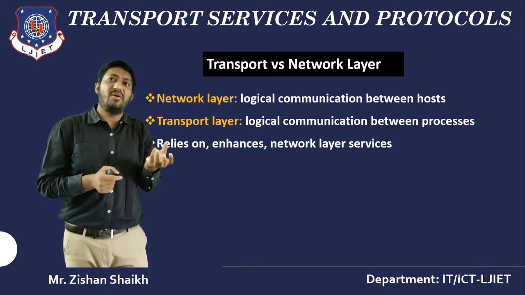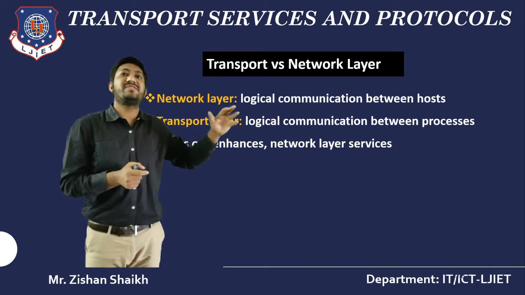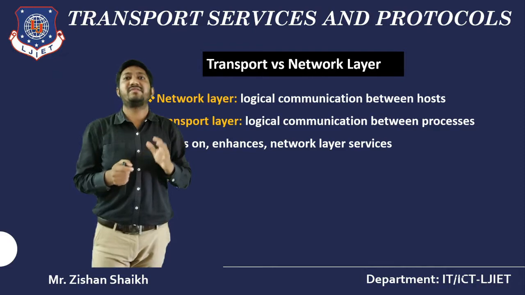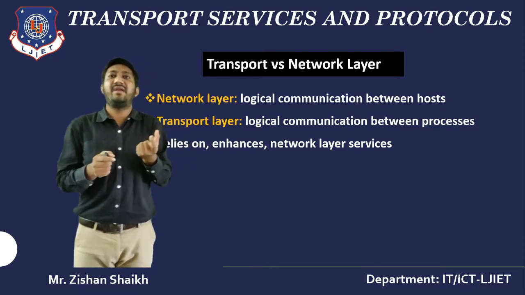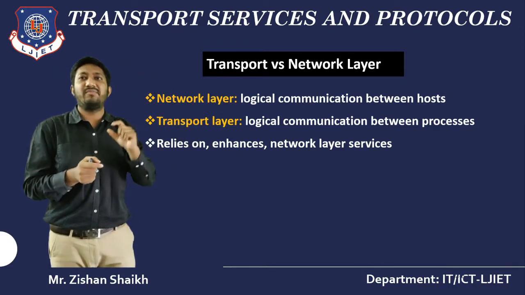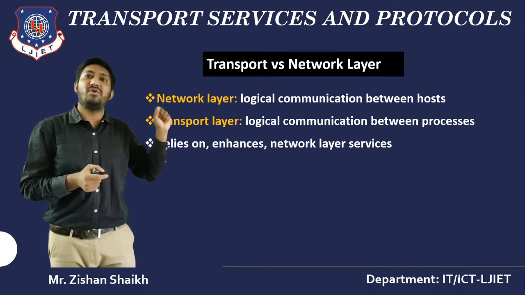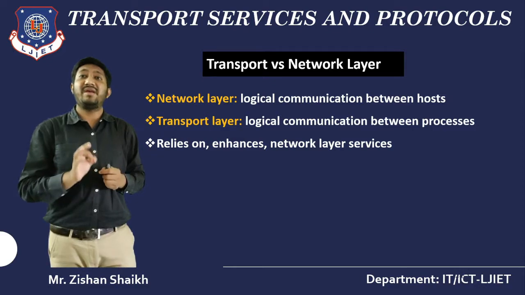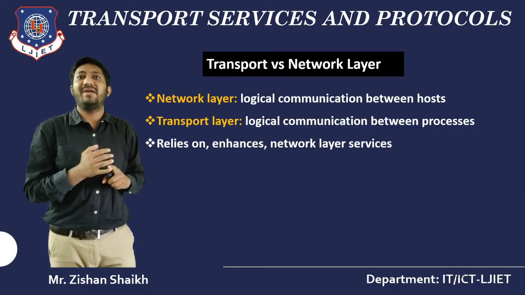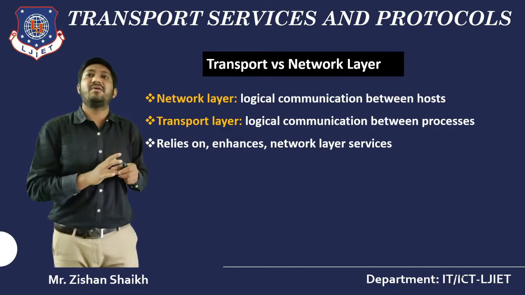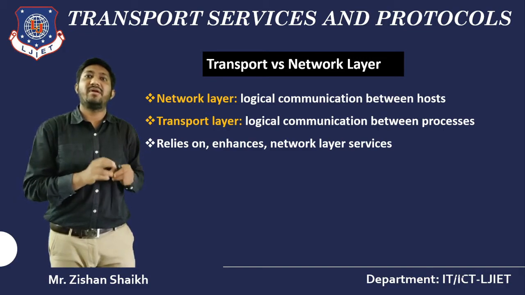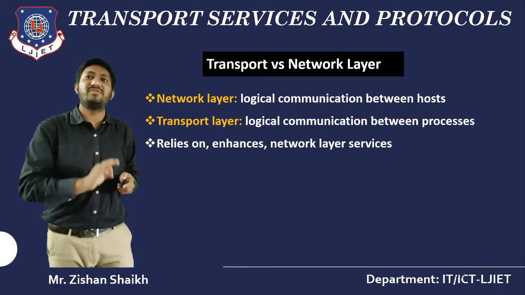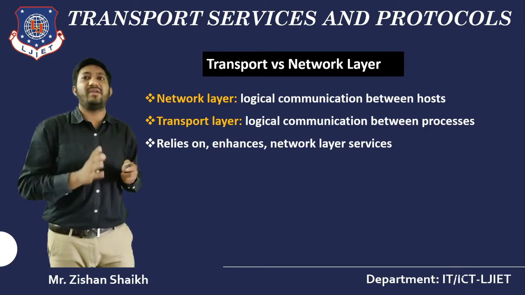In a particular host, a number of processes are running simultaneously. How they identify each other from source to destination is all about your transport layer. But our transport layer relies on your network layer. It enhances the facility of the network layer, and it also uses the services of the network layer.